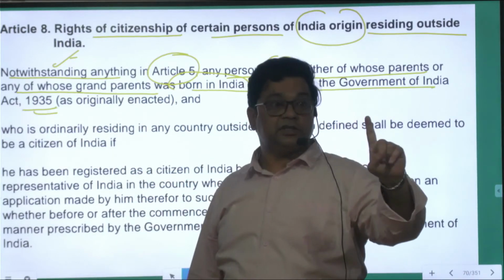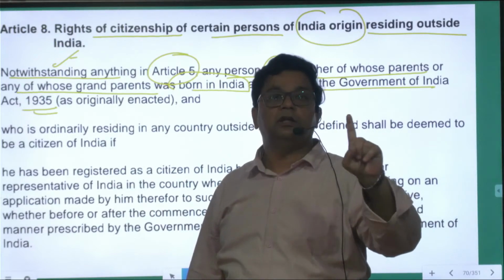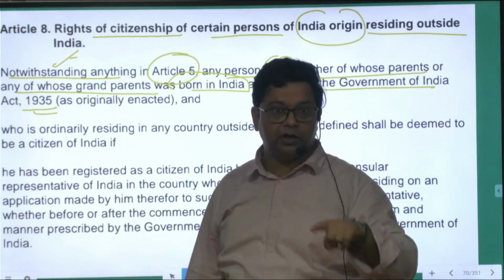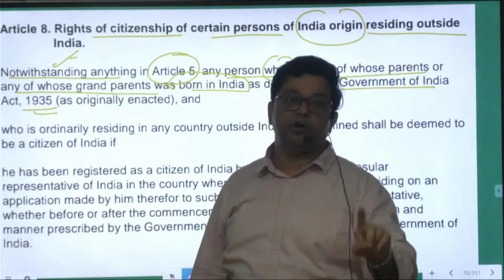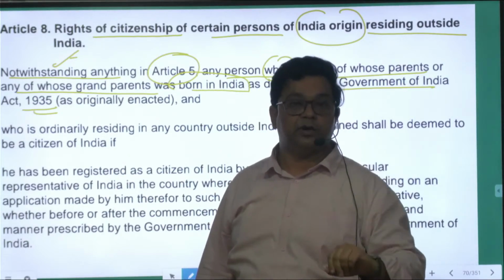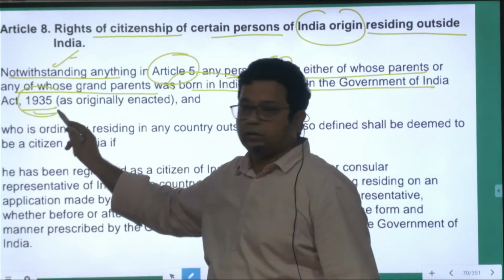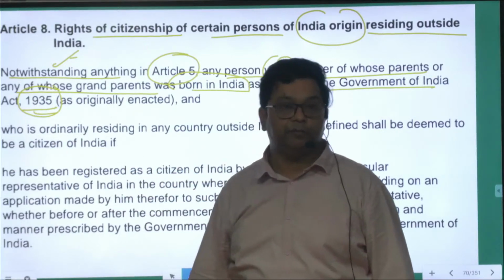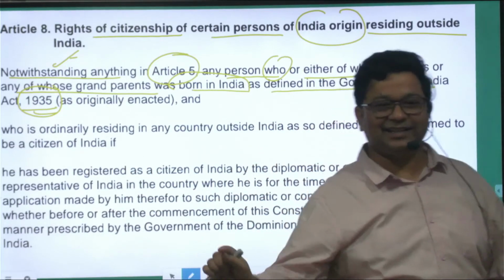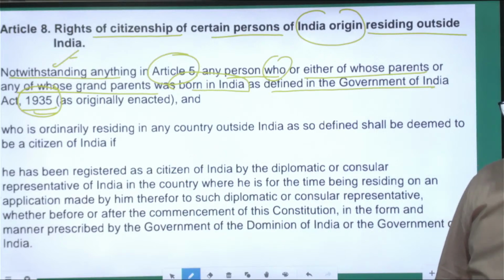So the first compulsory condition is this: either he himself was born in India, or his parents, or his grandparents were born in India. Which India? India as per the Government of India Act 1935. Clear?